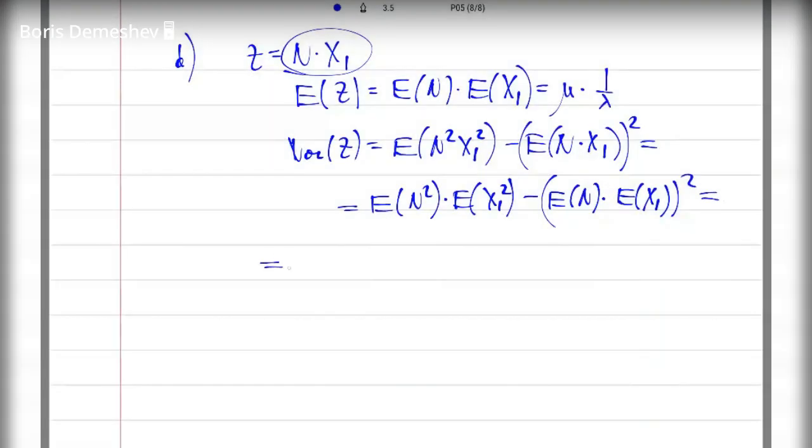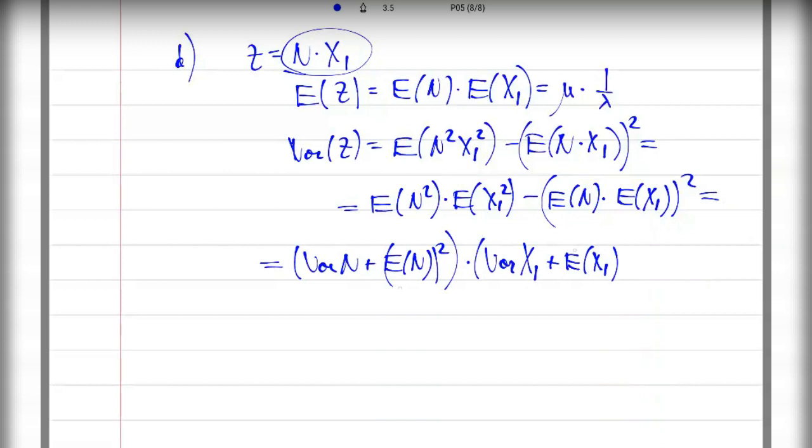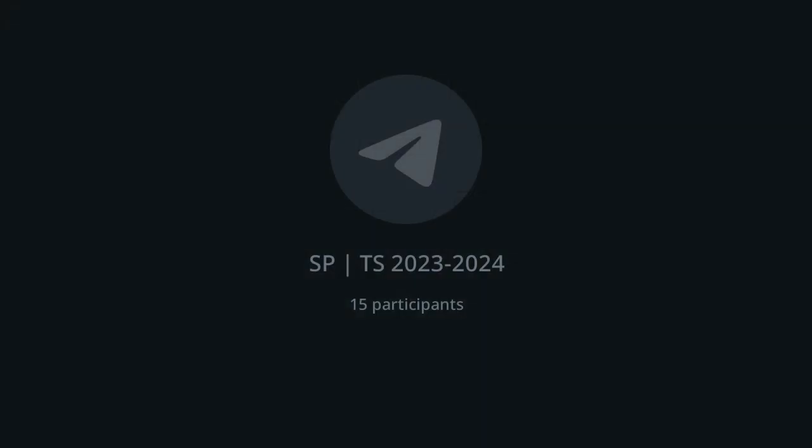So that's variance of n plus expected value of n squared times variance of x1 plus expected value of x1 squared minus expected value of n times expected value of x1, and we multiply both terms and square them afterwards.